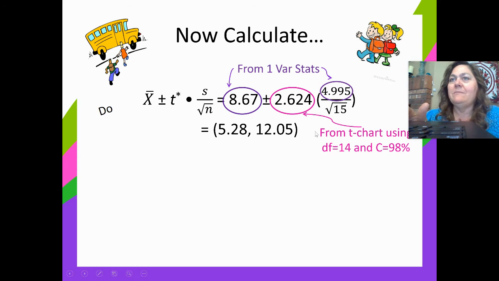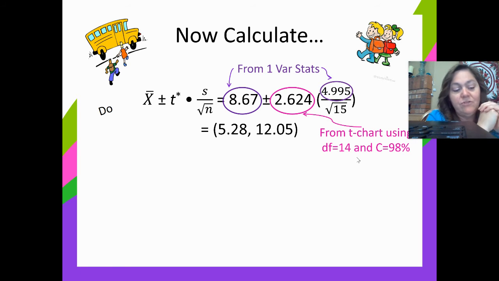All right, if you've got that in your calculator, here's what I got. I got the x bar, the mean from our sample, and the s from our sample, the standard deviation of our sample, is up here in the purple, 4.995. This is my t-star in pink here. From the t chart, I use df 14 because 15 minus 1, you always take n minus 1.